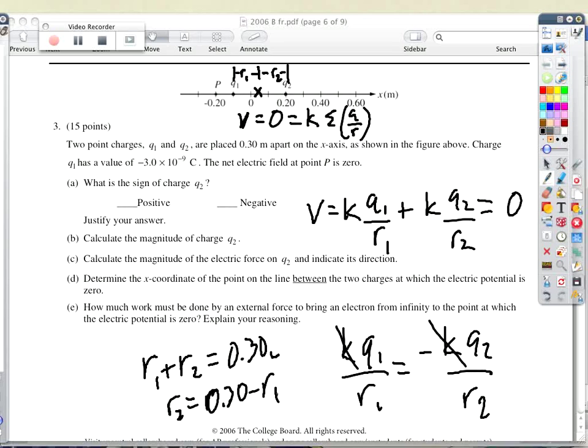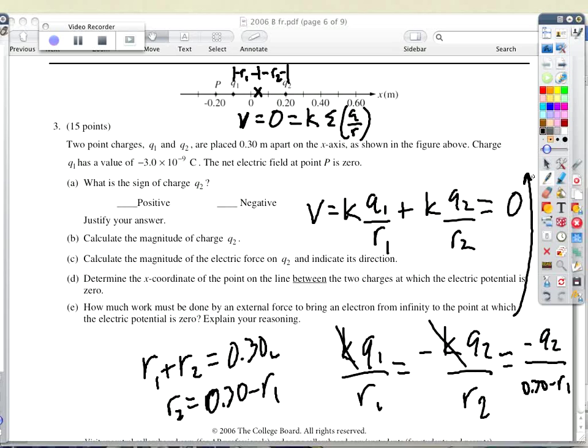So then that means negative Q2 over 0.3 minus R1. And now you can solve it out. Because if I go up here, if I cross multiply to make life easy on myself, Q1 is negative 3 nanocoulombs.